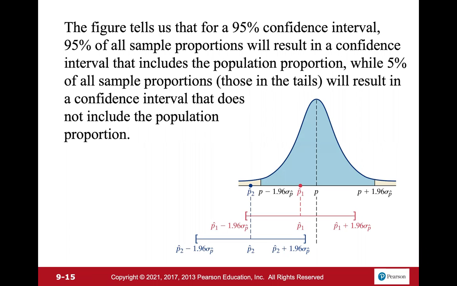So the figure tells us that for a 95% confidence interval, 95% of the sample proportions will result in a confidence interval that includes the population proportion, while 5% of the sample proportions will result in a confidence interval that does not include the population proportion. So again, if we have 95% here, that means we're sharing 5% with the left side and the right side. Half of 5% is 2.5% here and 2.5% here.